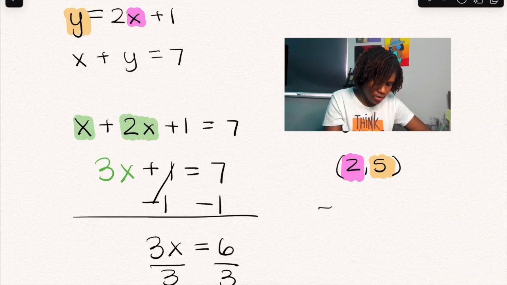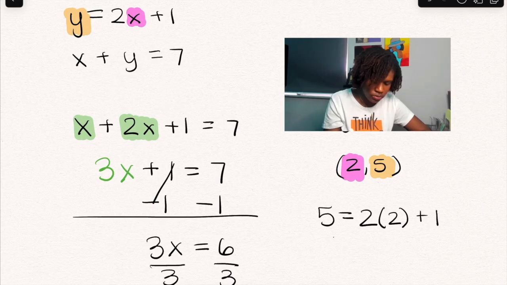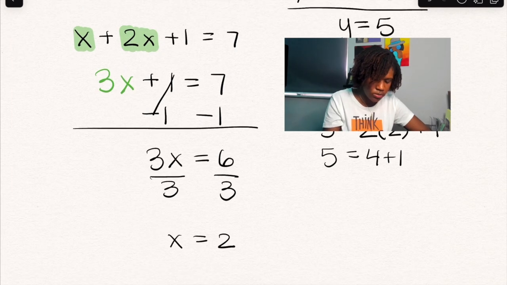So I have 5 is equal to 2 times 2 plus 1. 5 is equal to 4 plus 1. 5 is equal to 5. That's true. Now we've technically already checked the second equation, so now that we know it works in both equations, we can be confident that we've got the right answer.